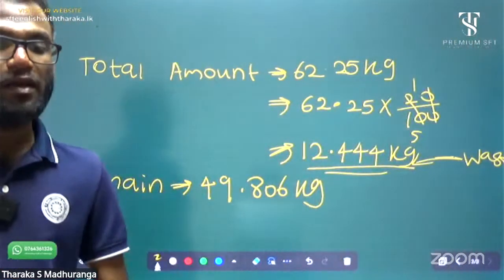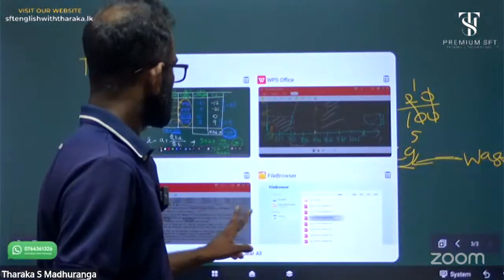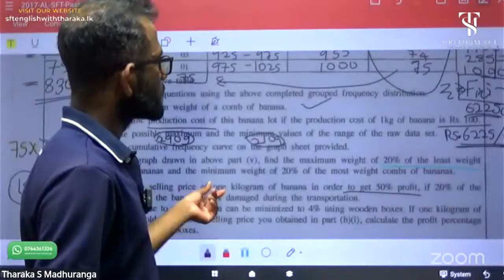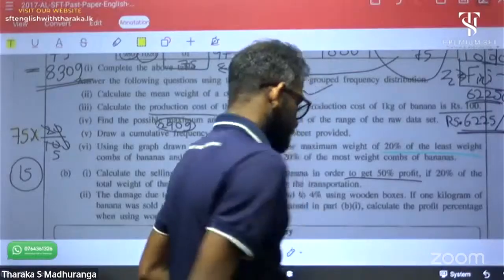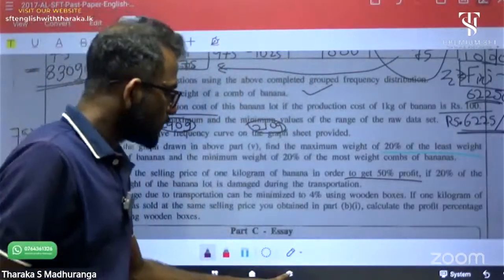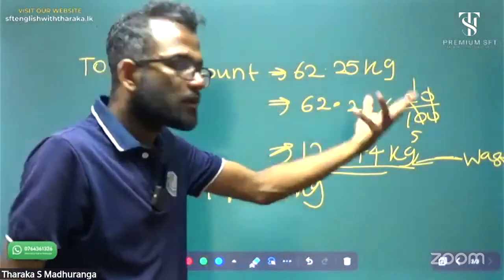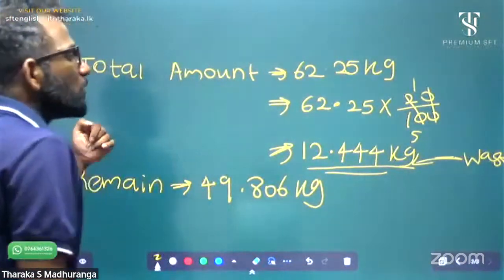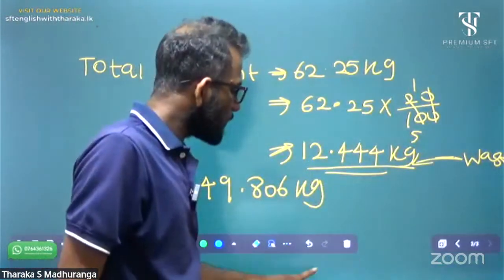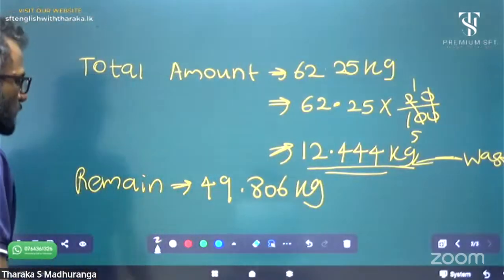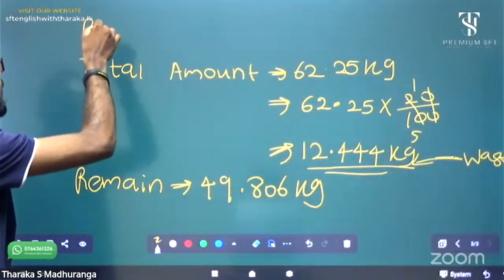I want 50% profit. But the production cost is 100. Production cost is 100 per kilogram, so even if there is wastage, the production cost is for the full amount. What is the production cost?